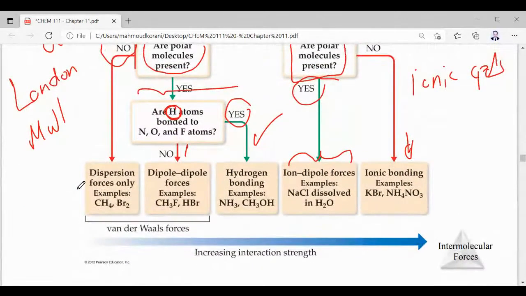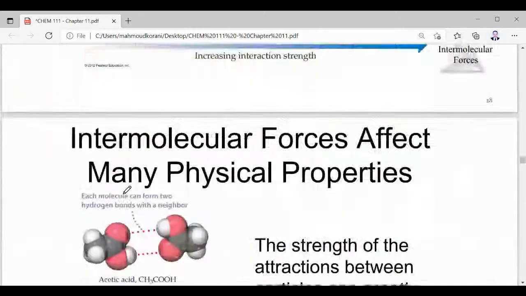These three are called van der Waals forces: dipole-dipole, dispersion, and also hydrogen bonding. Going from here to here, the strength of the intermolecular force increases. The strongest one is ion-dipole, then comes hydrogen bonding, then dipole-dipole, and in the end, London dispersion force. Great.